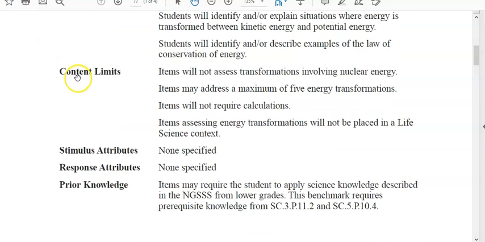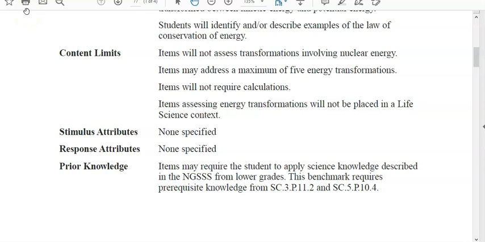Now, this particular benchmark clarification does not have stimulus attributes. But those are for the case where we need to make sure our students have exposure to something, like if it was a measurement of temperature, for instance, and the state will only be showing the temperature scale in Celsius, they would signify it here to let us know that when we give examples in our classroom, we better be giving them in Celsius, because they will not use Fahrenheit in the test or in anything that the state provides.